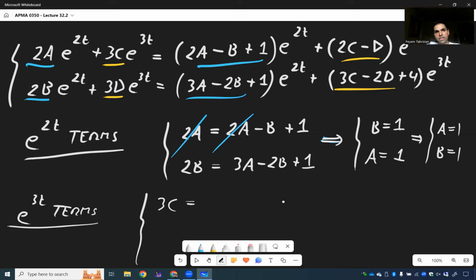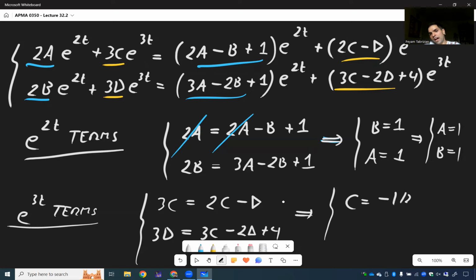But here you just get 3c is 2c minus d, and then 3d is 3c minus 2d plus 4. And essentially you get, I think, c equals minus d, and you can solve this, and eventually you get c is minus 1/2 and d equals 1/2.